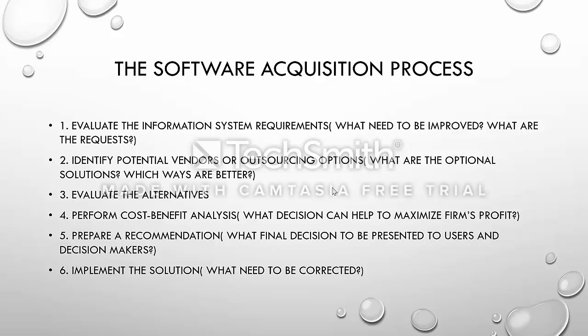To complete the system analysis task, system analysts need to prepare a system requirements document. It should contain the requirements for the new system, describe the alternatives that were considered, and make a specific recommendation to management.